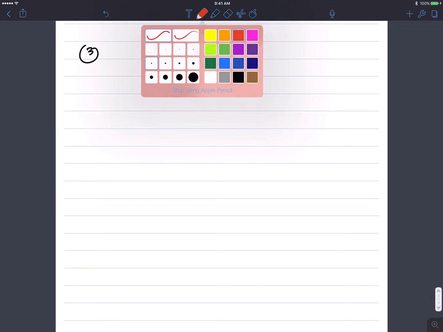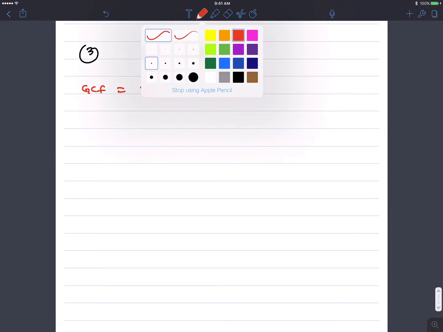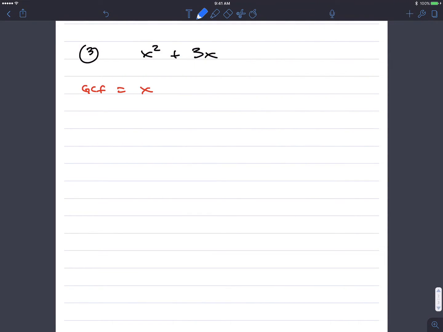So let's see. What's your GCF here? Right, your GCF again is just x. Okay, because what you did in the warm-up was you found the GCF of the terms x squared and 3x. Handle your GCF separately, the numbers separate from your letters.